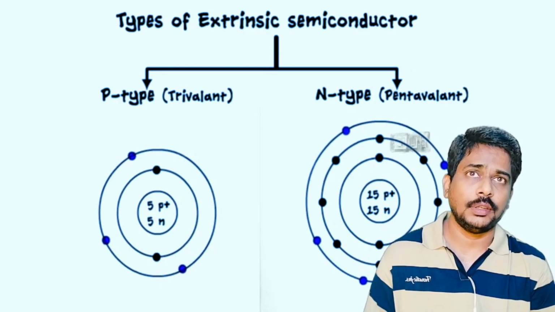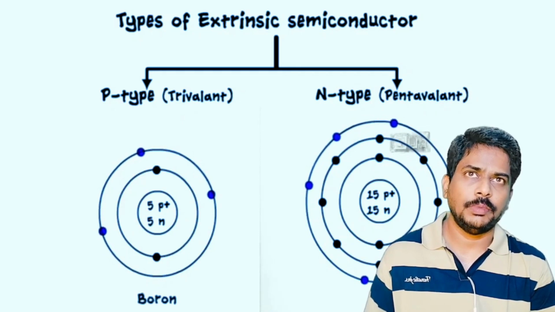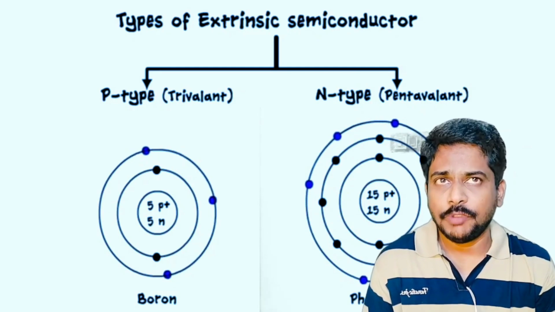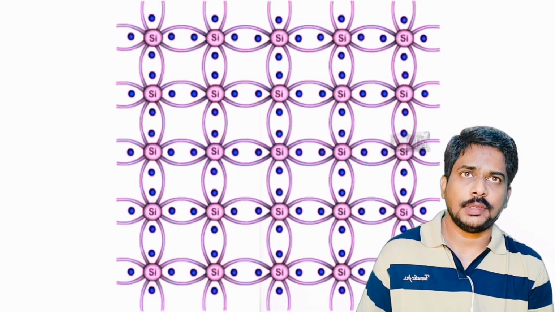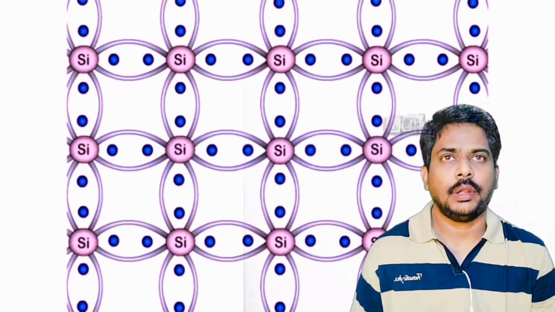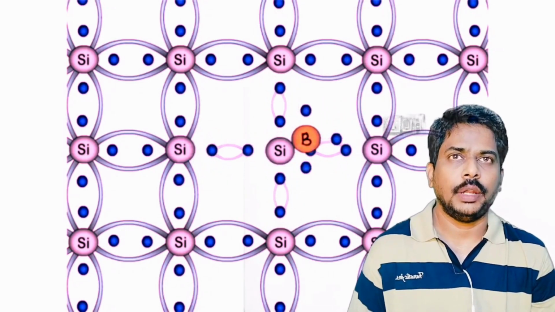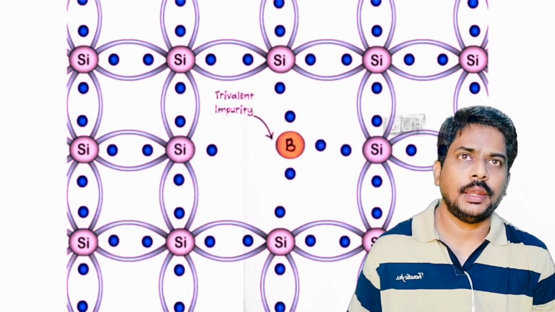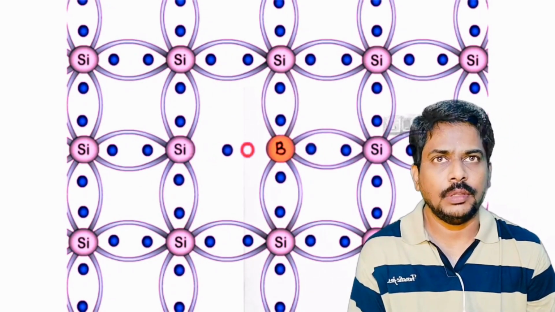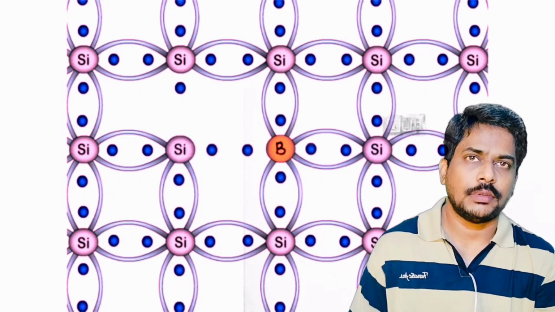The types of extrinsic semiconductors are the p-type extrinsic semiconductor and the n-type semiconductor. Upon adding some impurities, I get the properties of an extrinsic semiconductor. As I said, if I add a trivalent element, a third group element like boron, to the silicon, it replaces a silicon atom in the silicon crystal, and because it has only 3 valence electrons, those 3 valence electrons pair up with the adjacent silicon atoms, but one bond is left unpaired in the lattice structure.